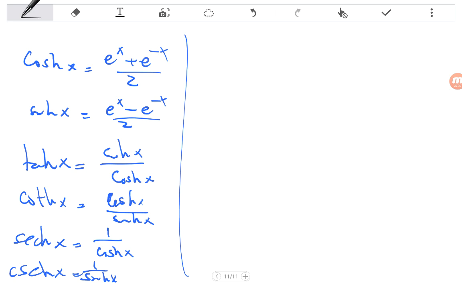Now we just need to graph basically these three functions. The cosh is like this. It is an even function like this.